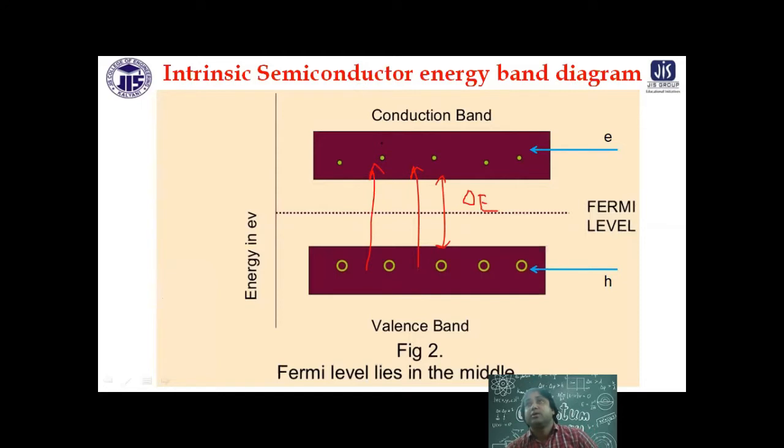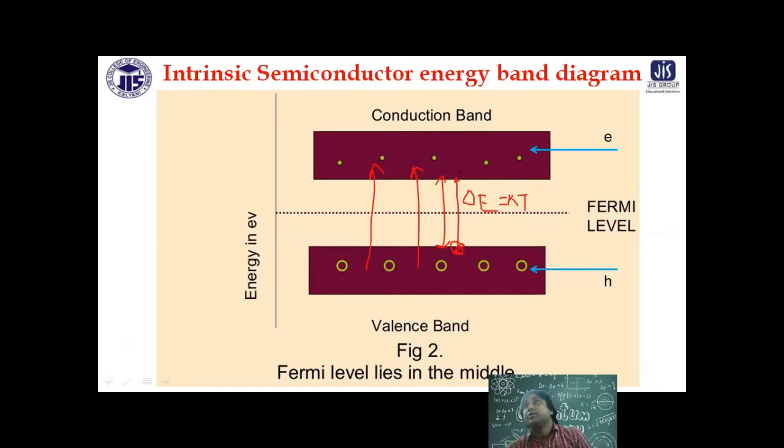In semiconductors like silicon and germanium, you can get this by application of thermal energy using Einstein's formula kT. k is the Boltzmann constant, with a value of about 8.6 times 10 to the power minus 5 electron volt per Kelvin. So if you apply, say, 500 Kelvin temperature here, you put the value 8.6 times 10 to the power minus 5 multiplied by 500, and that much electron volt energy you are giving to an electron here. With that energy, this electron will move up.